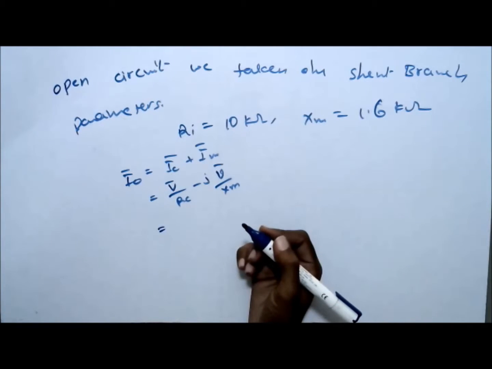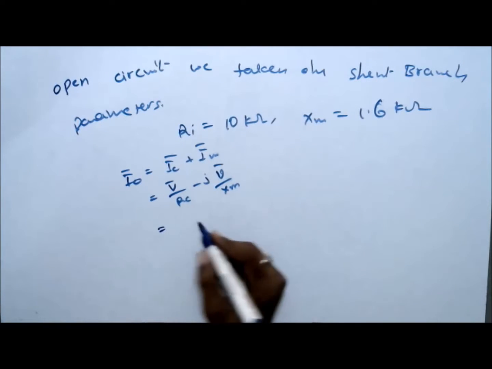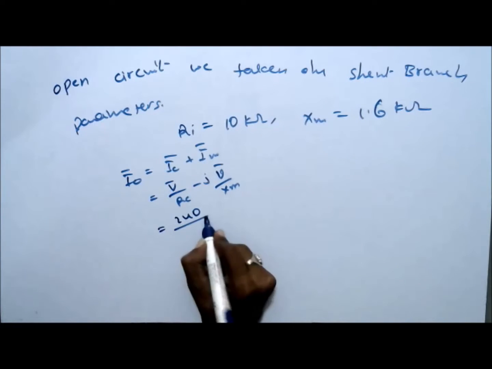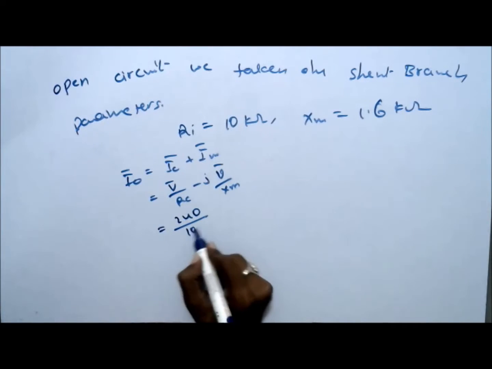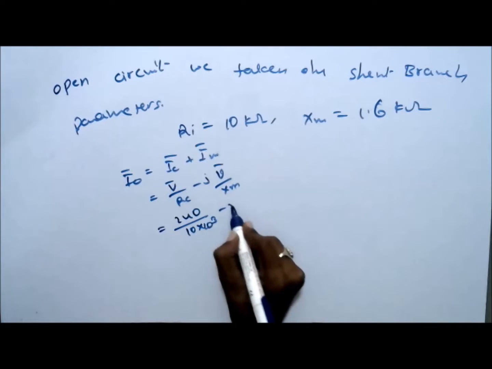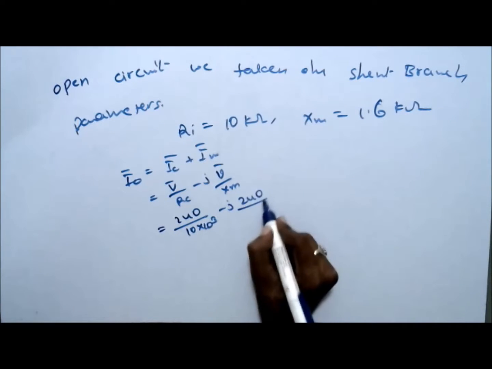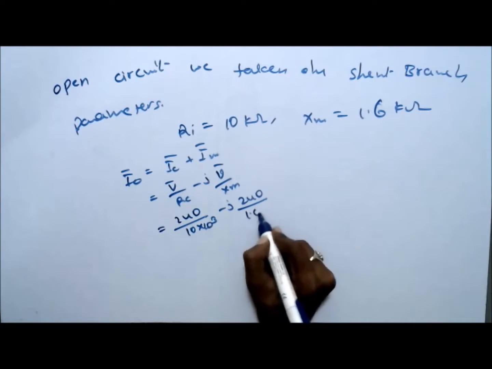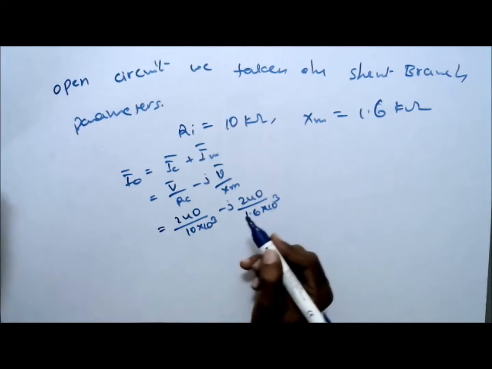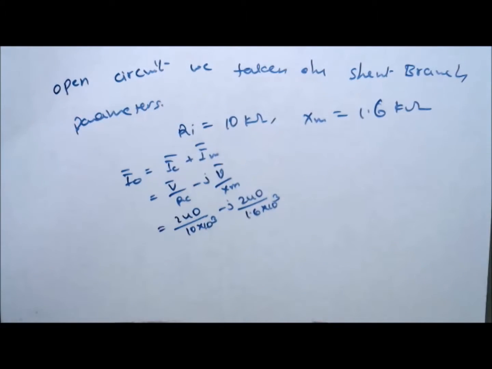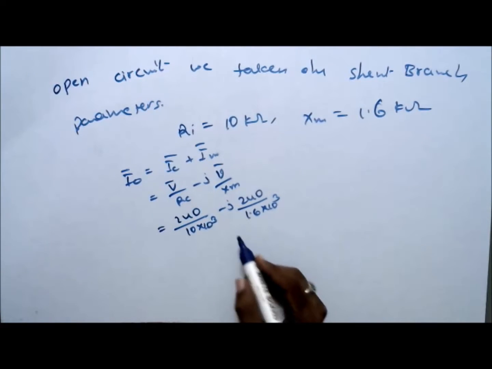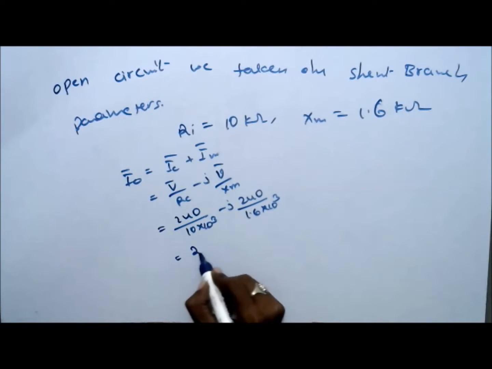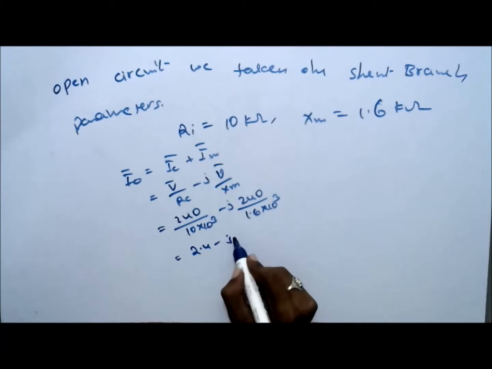He has given low voltage 240 volts. So 240 divided by 10 into 10 power 3, minus J into 240 divided by XM, 1.6 into 10 power 3. What is the value of current here? That you have got is 2.4 minus J into, what is the value here? No, we have made a mistake.